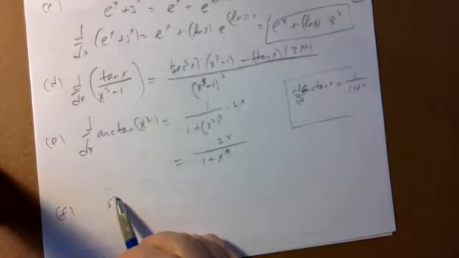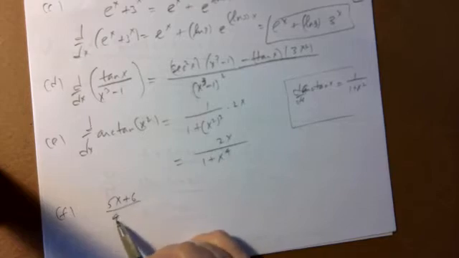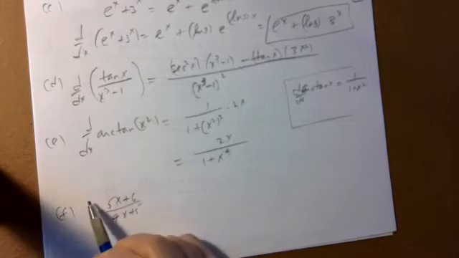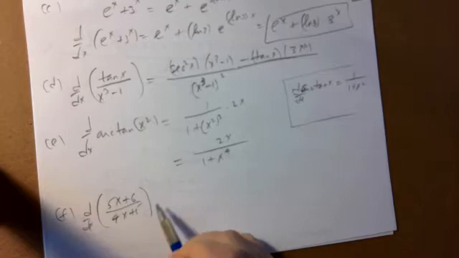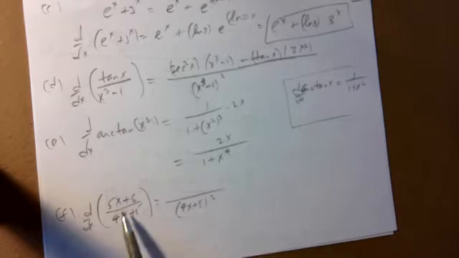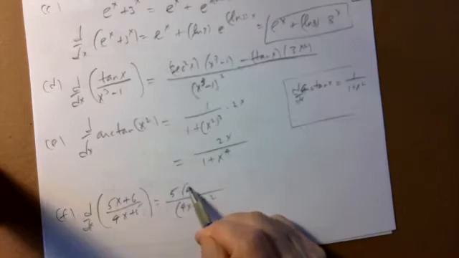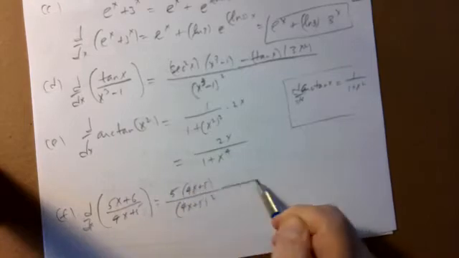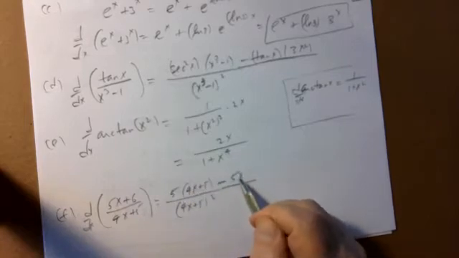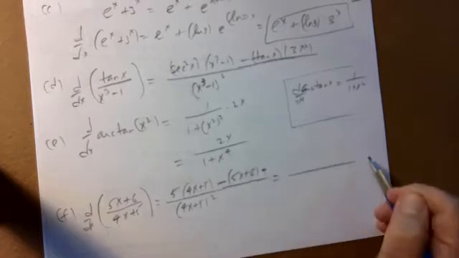And finally, for the quotient 5x plus 6 over 4x plus 5, the derivative, again, we use the quotient rule, so we get 4x plus 5 squared in the denominator. The derivative of the numerator is 5 times the denominator minus the numerator times the derivative of the denominator.